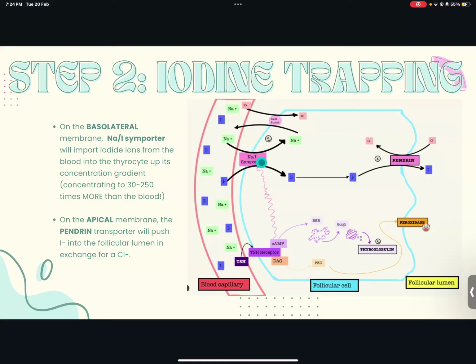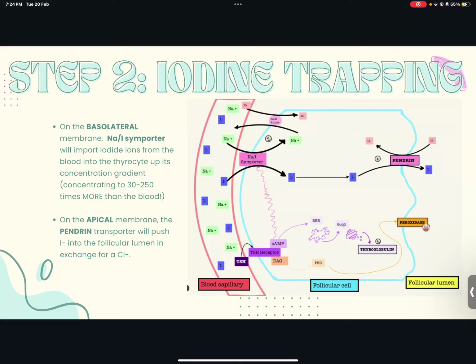Another point that I want to mention is that if you have a low level of iodine, say you're not taking in enough iodine in your diet, then logically your body is going to try to pull as much iodine as it can from your blood into your follicular cell and follicular lumen in order to make thyroid hormone.